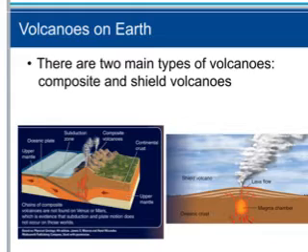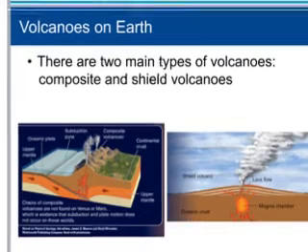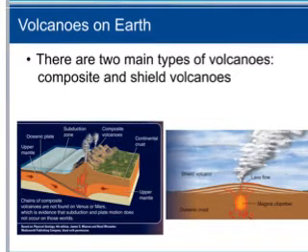So on Earth, when you get the plates crashing into each other, one of those plates subducts or goes underneath the other plate. So here's the subducted plate, this one right here. Those plates pull apart and cause an earthquake, or they collide into each other and push that rock up and create mountains and volcanoes.